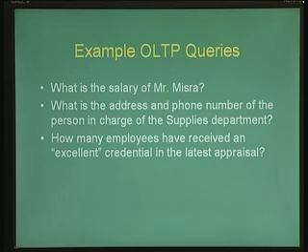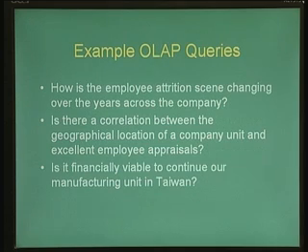So these are some typical transactional queries, which we have seen quite often now. We have seen how to specify these queries in SQL, how to optimize these queries, how to create transactions around them, and so on and so forth.